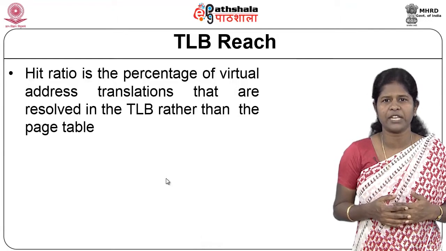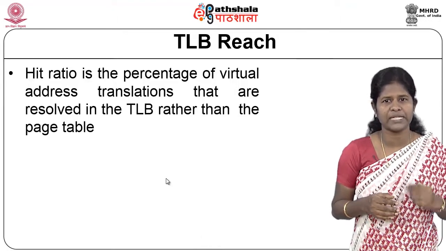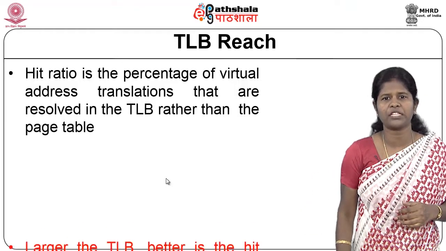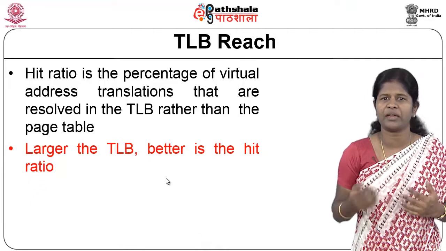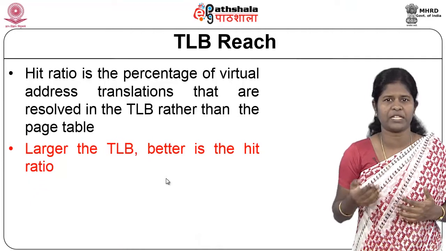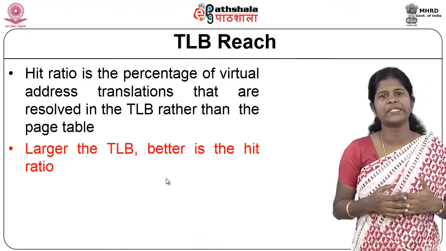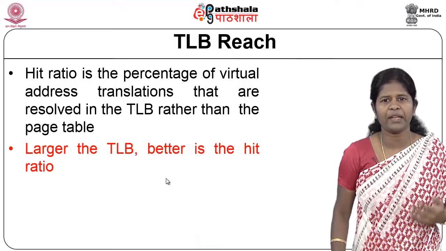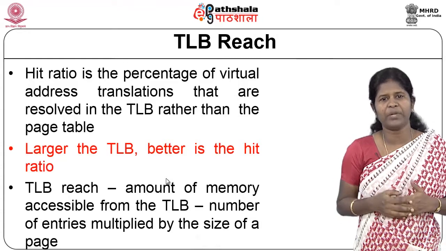It is the percentage of virtual address translations that are resolved in the TLB rather than looking at the page table. So, you get a lot of TLB hits if you have a lot of page table entries in the TLB itself. Now, if the TLB is larger, then you have more entries in the TLB and hence the hit ratio is better. Now, what is TLB reach?